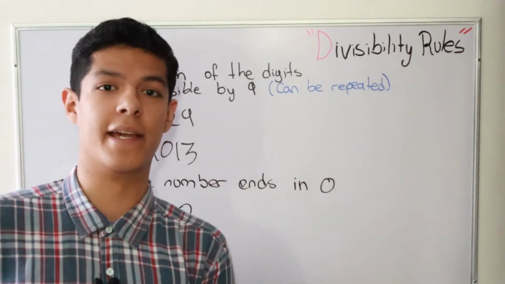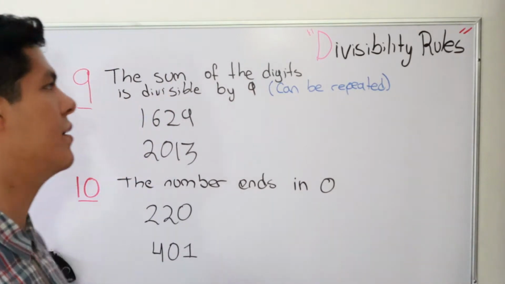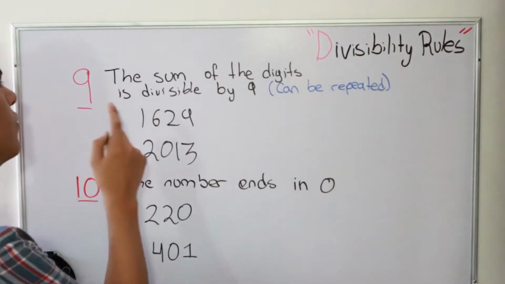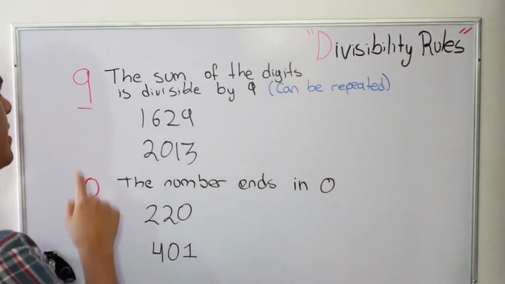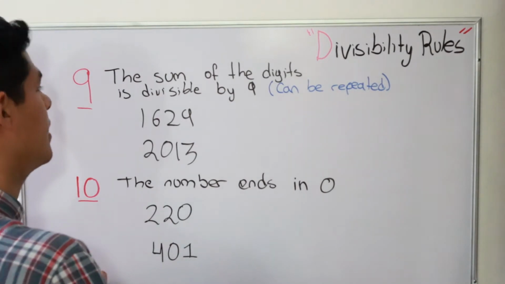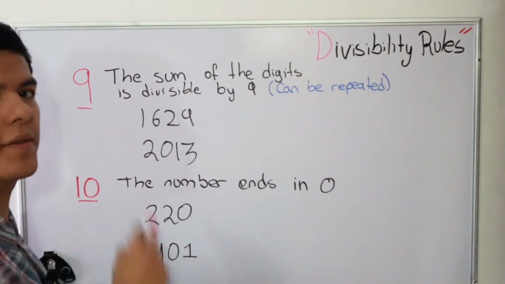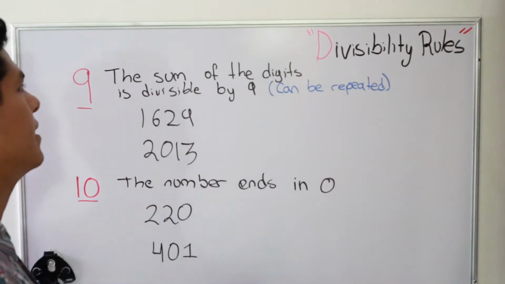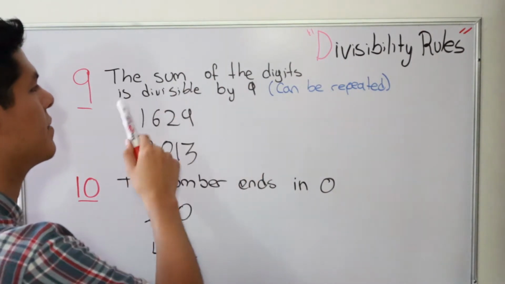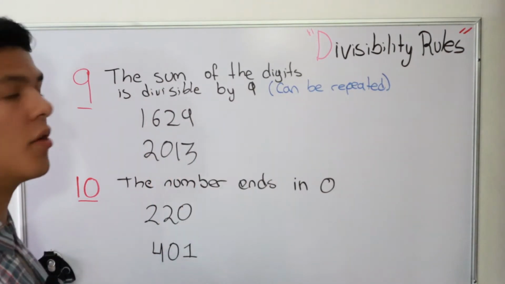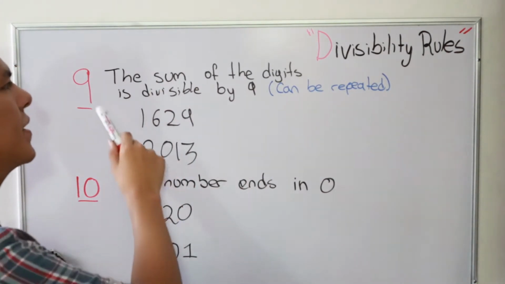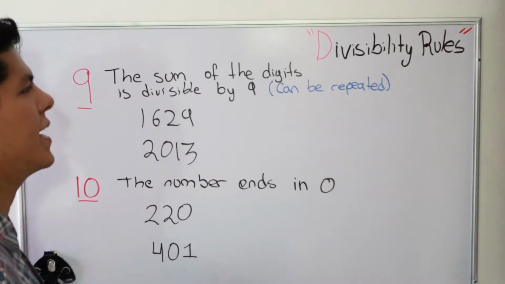And finally, guys, we are going to see the criteria for when a number is divisible by 9 and 10. The criterion for 9 says that a number is divisible by 9 if the sum of its digits is divisible by 9.